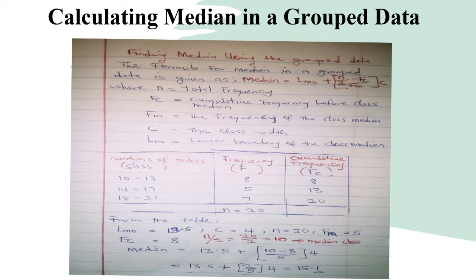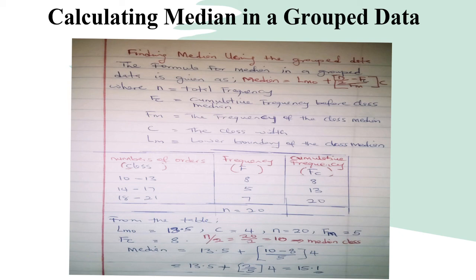So we see 8 does not fall in 10, but 8 plus 5, which is 13, falls in 10. So now our median class is between 14 to 17 with a frequency of 5 and a cumulative frequency of 13.